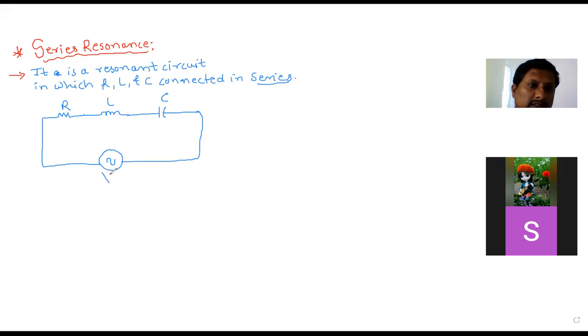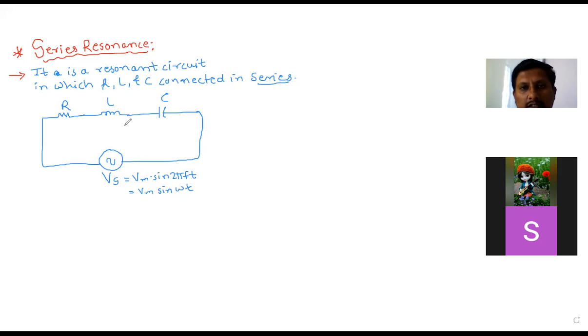That supply is Vs, which is Vm sine omega t, like this, where omega is 2 pi f.